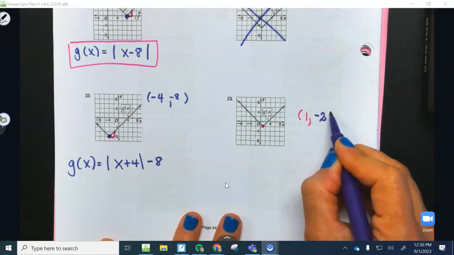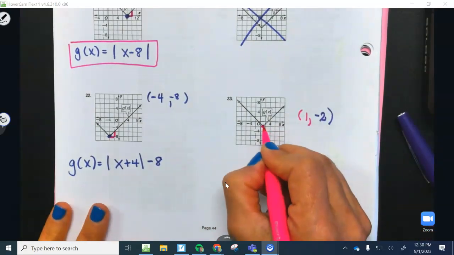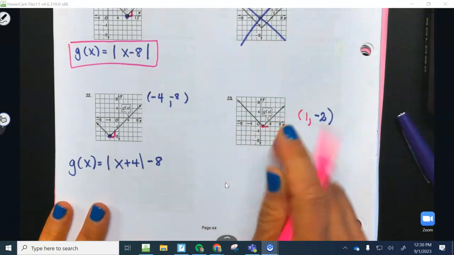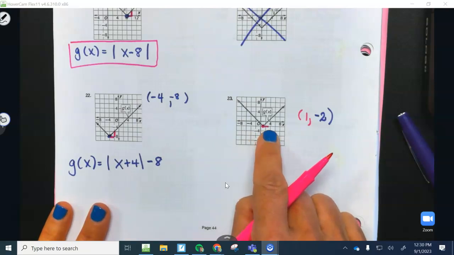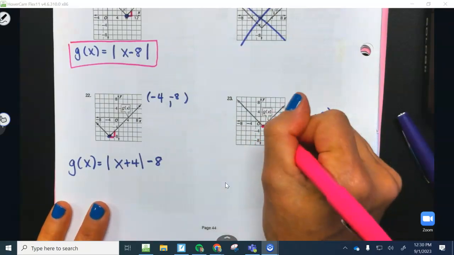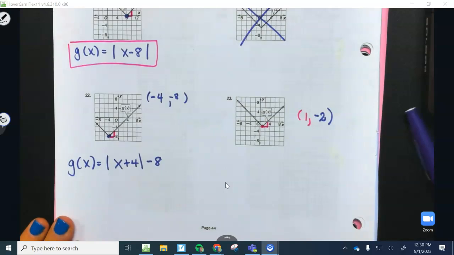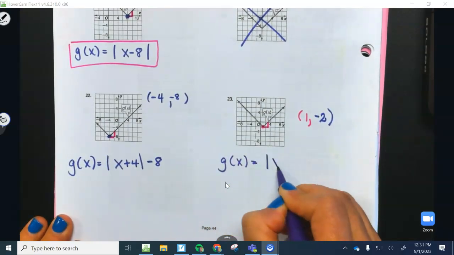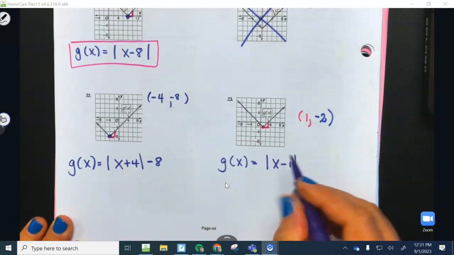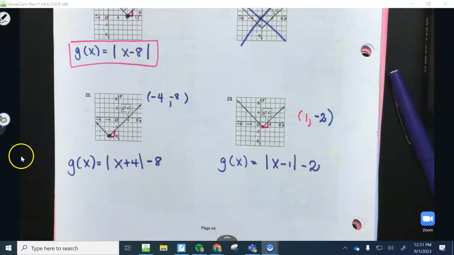Very good, negative 2. Now again, even though it's a halfway mark, I just want to show you there is still no stretch and no shrink. I went from 1/2 to the next 1/2 mark, which is 3. And notice when I go up, I do land on the graph. So we're going to have g of x equals x minus 1 in the bars, and then minus 2 on the outside. That's how we're going to write those graphs, guys.